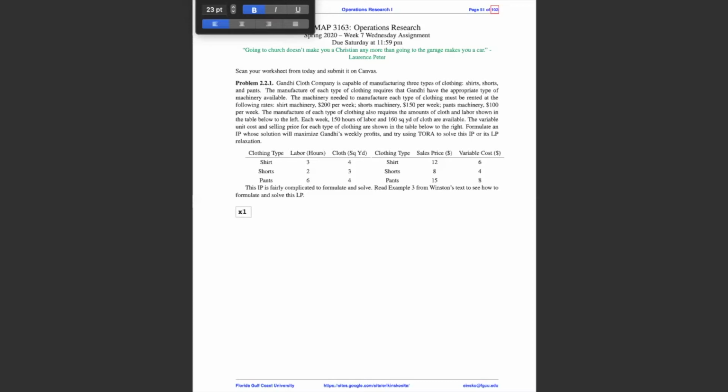So let's choose x1 to be the number of shirts produced, x2 to be the number of shorts produced, and x3 to be the number of pants produced.